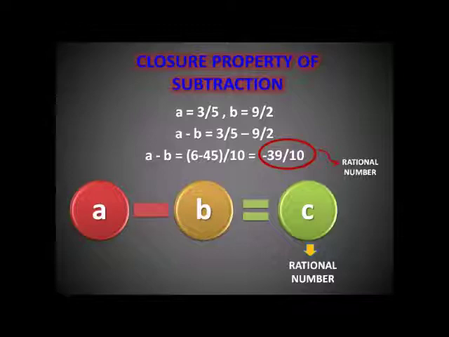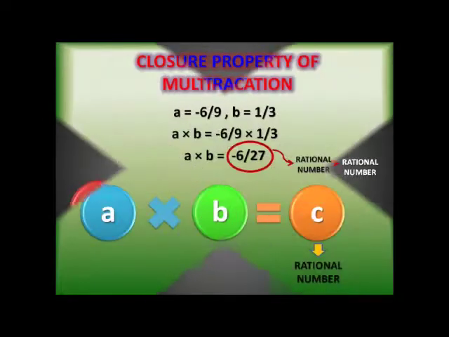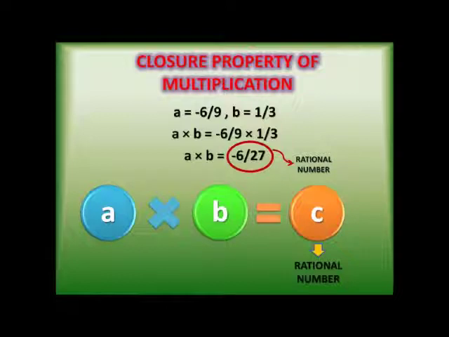Now, let us take the closure property of multiplication. Here also, we will take two rational numbers, that is a is equal to minus 6 by 9 and b is equal to 1 by 3. So what would be a into b? This would be minus 6 by 9 into 1 by 3, which comes out to be minus 6 by 27, which is a rational number.